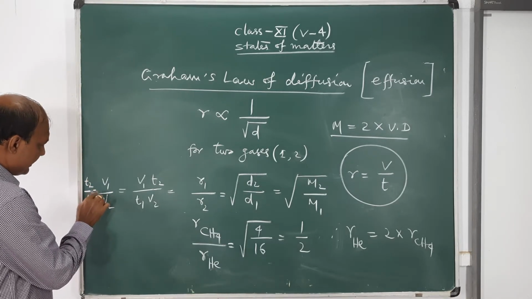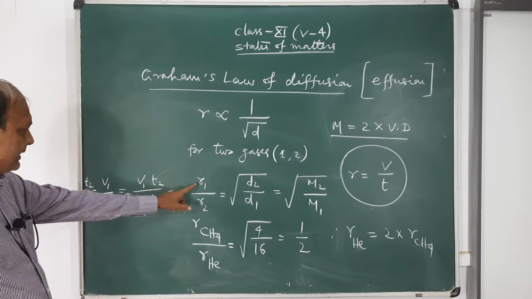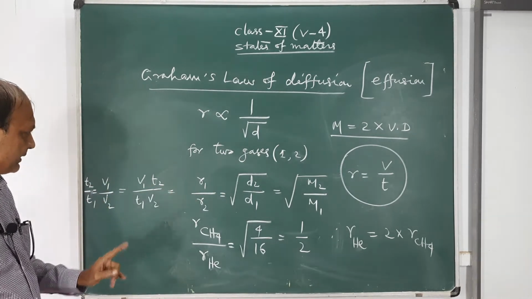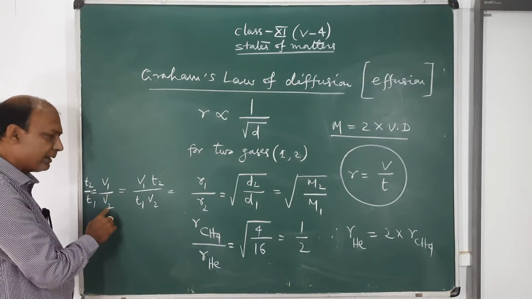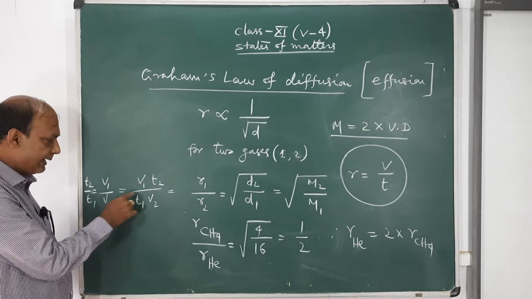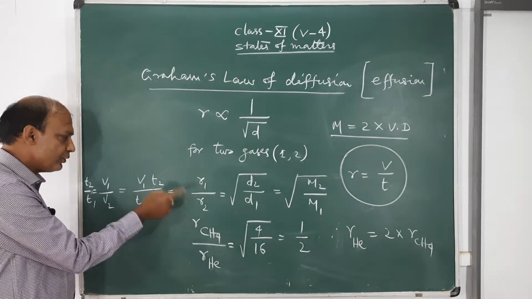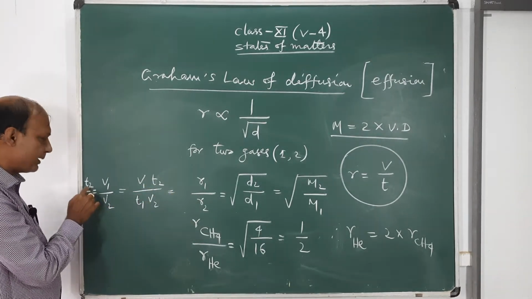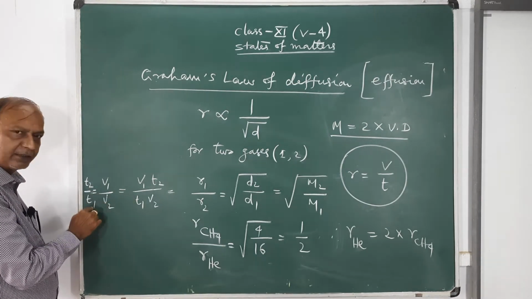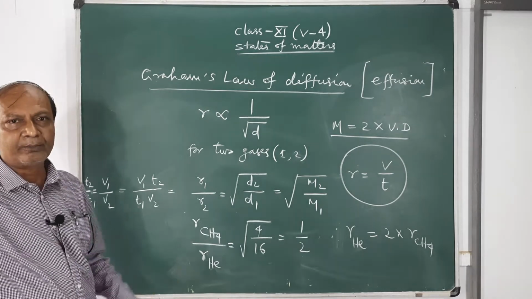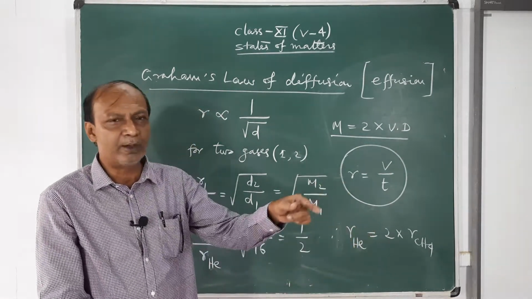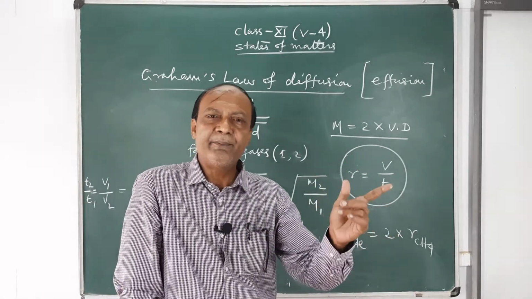So, follow it. When should we write R1 by R2 equals V1 by V2? We can write it for two gases which are diffusing at constant time. When should we write R1 by R2 equals T2 by T1? When the volumes of the two gases are the same, diffusing in different times.